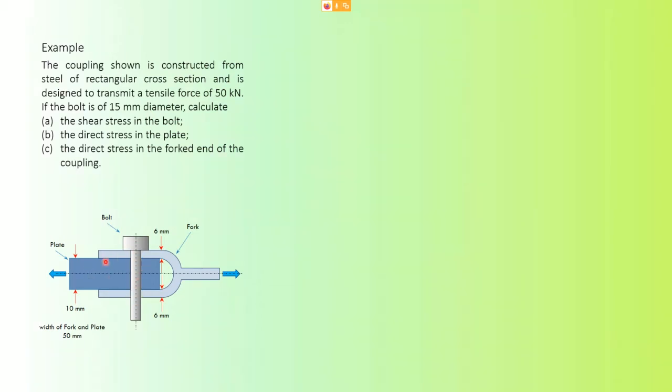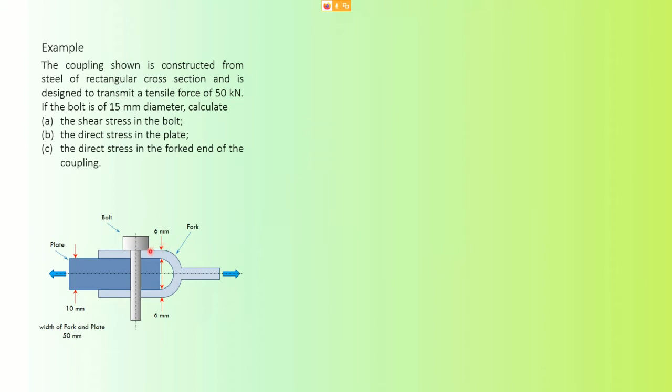So this piece of material here is rectangular. This is a rectangular piece of plate, and this is a fork, F-O-R-K. We call it a fork. When you look from the top, it gives you a rectangular shape for both pieces. This piece, dark blue, and this gray piece are rectangular in shape.